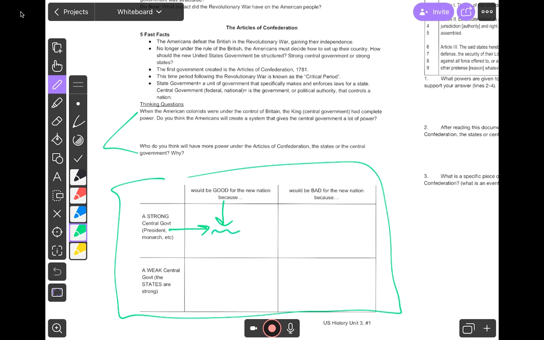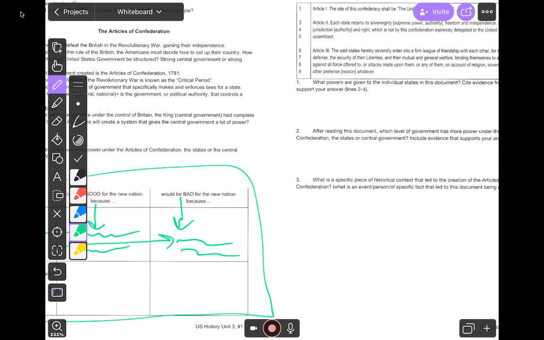And you're writing those ideas down here. The right-hand side of that, you're thinking about why would giving a lot of power to the central government maybe be a bad idea? And you're jotting down your ideas there. All right, so this chart's trying to have you think about these different combinations and what could be positive and what could be negative about how power is distributed in this new form of government.